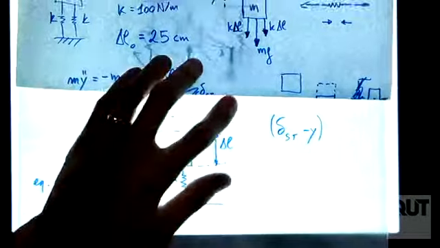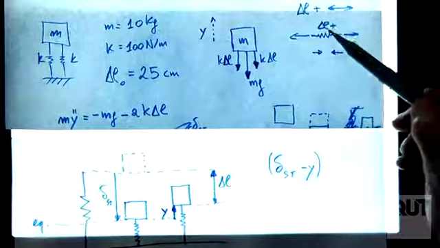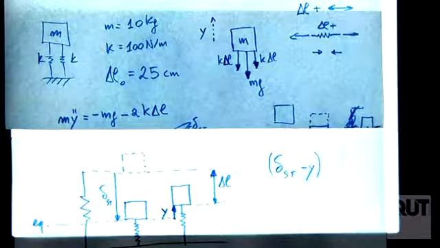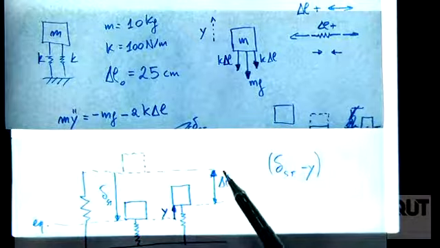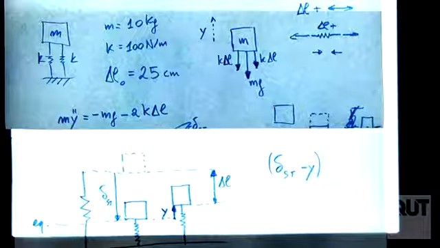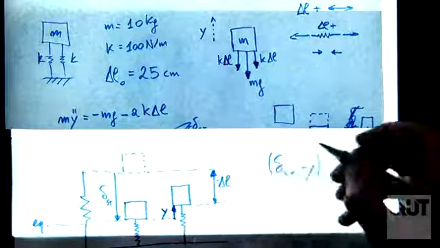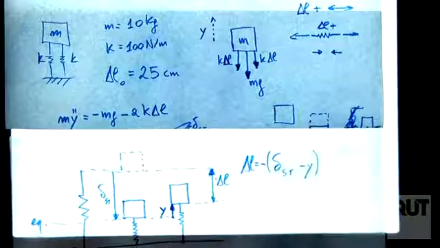We said that delta L is positive when it makes the spring longer, not shorter. In this case, this delta L is making the spring shorter than here. So this is a negative delta L. We call it delta L equal minus that thing, okay?